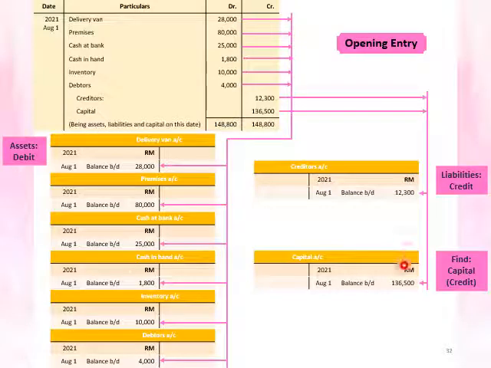For the capital, we will need to calculate the capital amount by deducting the amount of the liabilities from the amount of the total assets. So based on the calculations, we will have the amount of capital of 136,500. So this will be recorded on the credit side of the capital account.